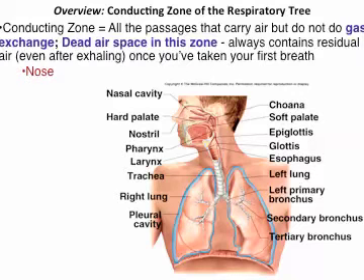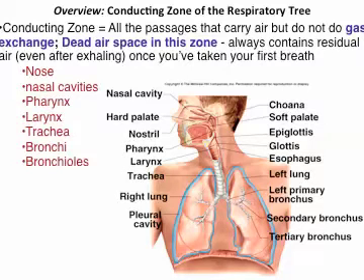So if you look at the cartoon, we start with the nose. It's also called the nares, aka the nostrils. Air comes in through there and goes into the nasal cavity, and within the nasal cavity in this cartoon you can see those sort of hills and valleys.